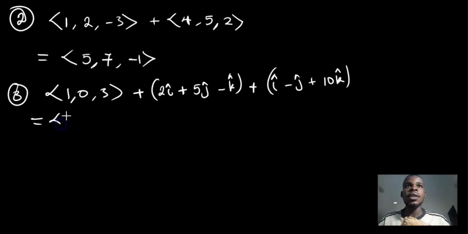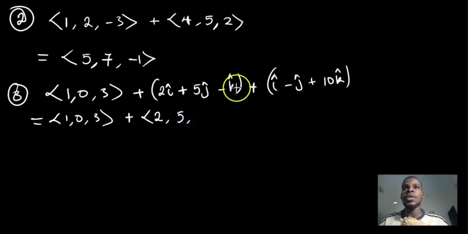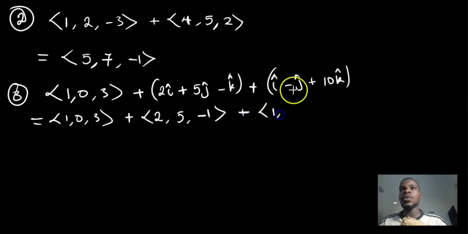This is 1, 0, 3. So again, we could rewrite this using that as simply saying, since this is pointing in the i hat direction, that's the first entry, this is pointing in the j hat direction, and then this is pointing in the k hat direction, and it's just minus 1. So we just pick the coefficient minus 1. That's how to rewrite it.